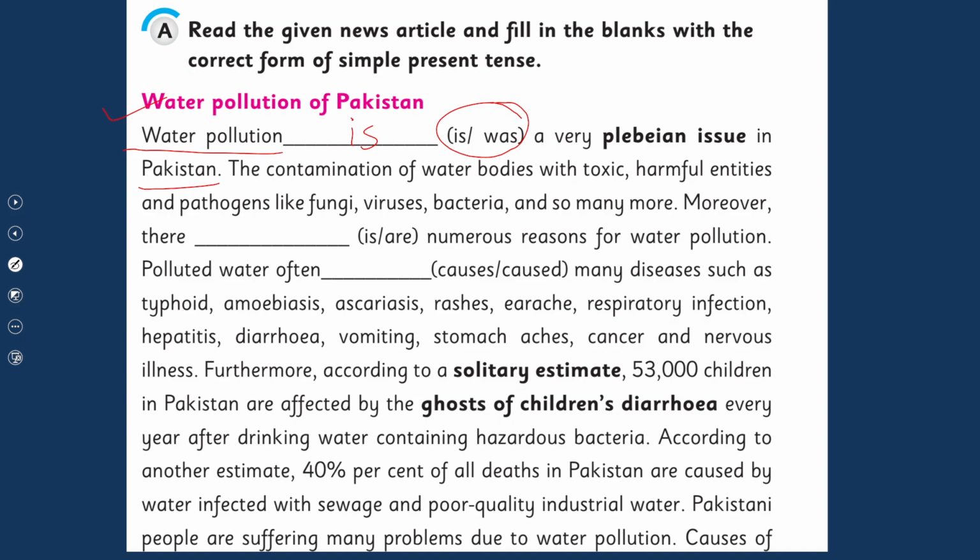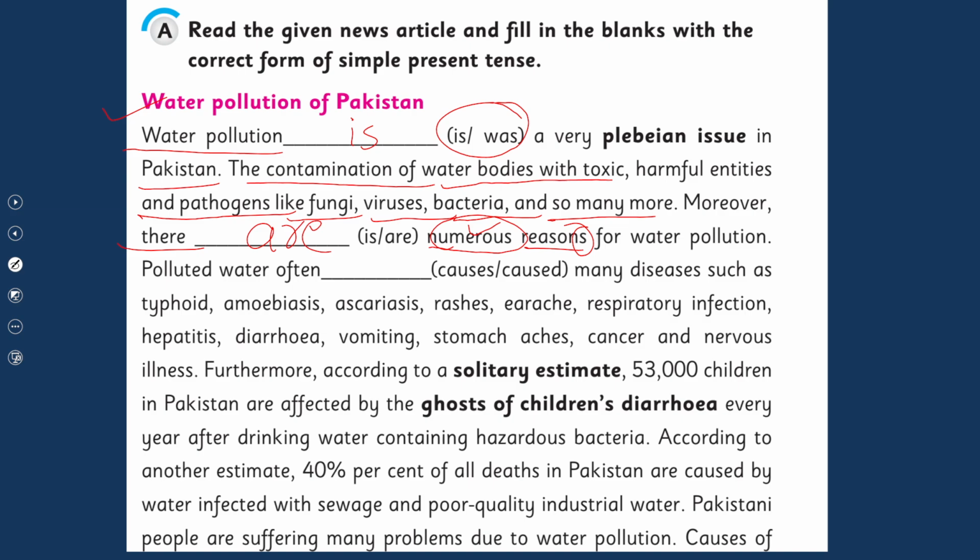The contamination of water bodies with toxic, harmful entities and pathogens like fungi, viruses, bacteria, and many more. Moreover, there are, numerous here is plural. There are numerous reasons for water pollution.